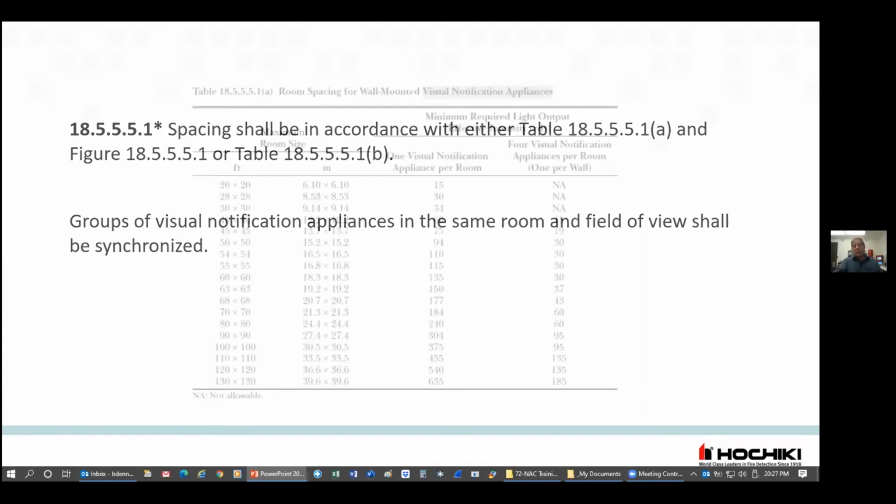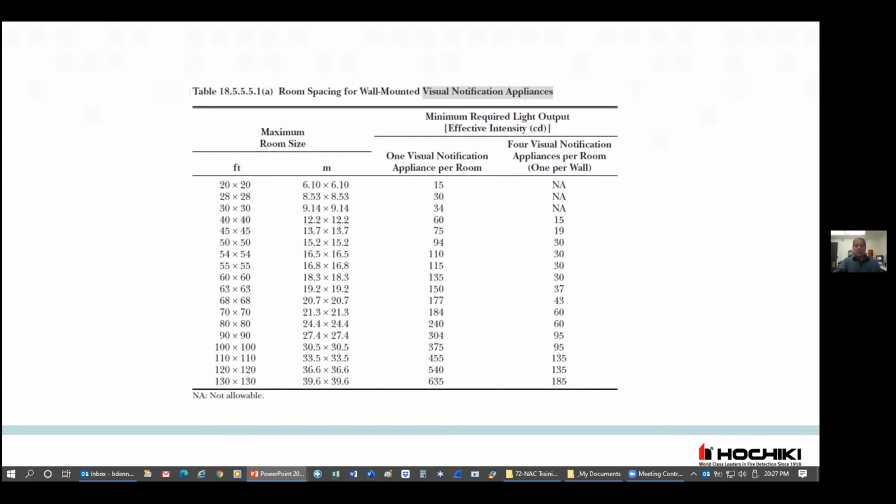Now, when we look at the spacing of strobes in a room, on a wall mount type of application, what we need to do is determine the maximum size of the room, okay? For example, here, 6.1 meters squared. It tells us we need one appliance, and the appliance must be set at 15 candela.